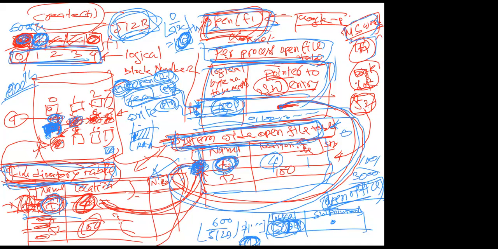Now let's see some other items. Let's do some other thing, file operations. There are different kinds of file operations. One thing is creating a file. You always need to create a file.